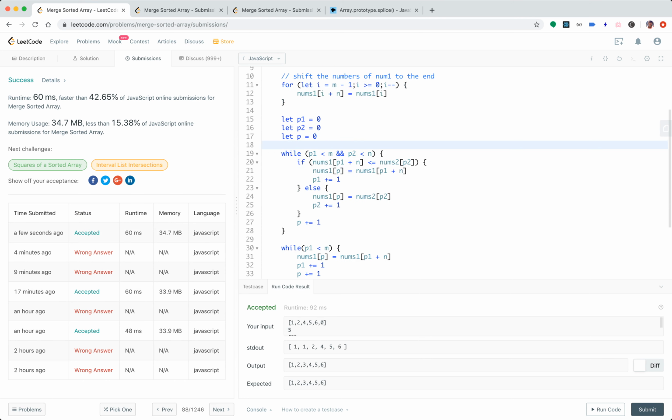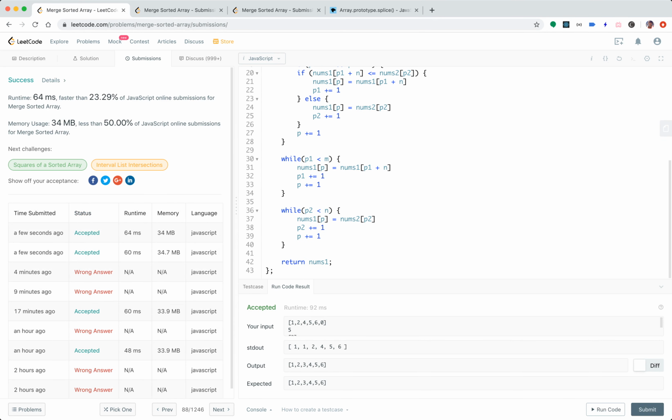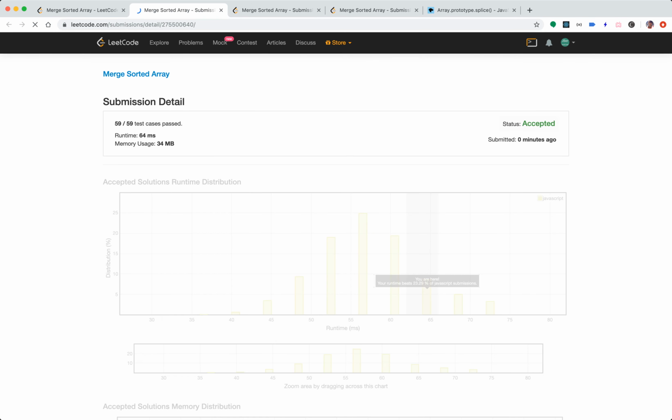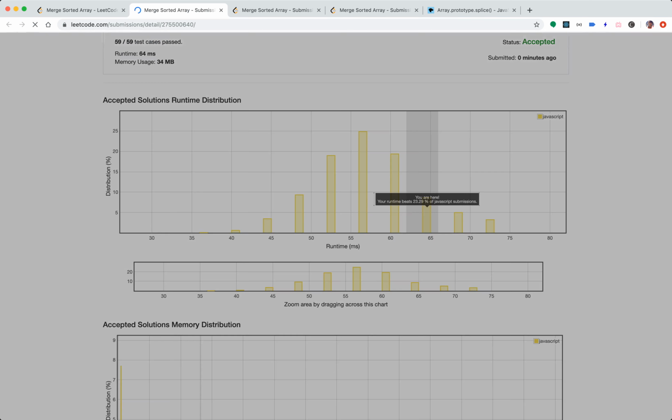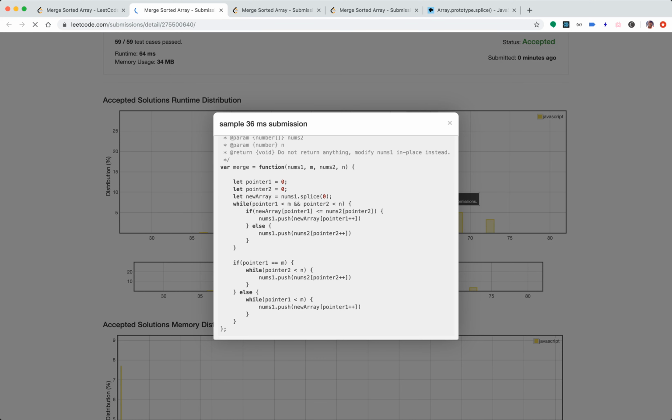Maybe because of this console log. It's still very slow. Let's see if we can improve it. Wow, this one is fast. Pointer, new array, splice. Wow, this one is against the rule. It copied a new array.